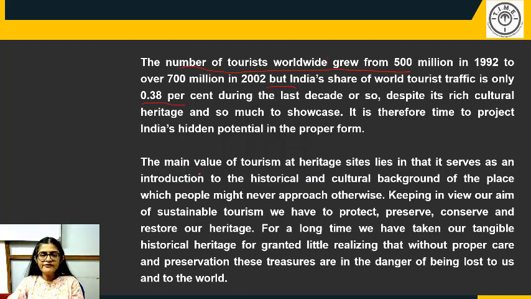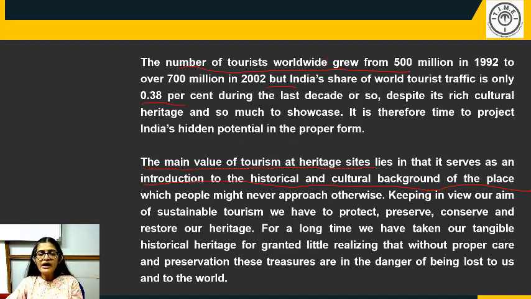Next, the main value of tourism at heritage sites, okay, lies in that it serves as an introduction to the historical and cultural background of the place, which people might never approach otherwise. So this is the importance of tourism at heritage sites, monuments, etc. Okay, it introduces others to the historical and cultural background of that particular place.